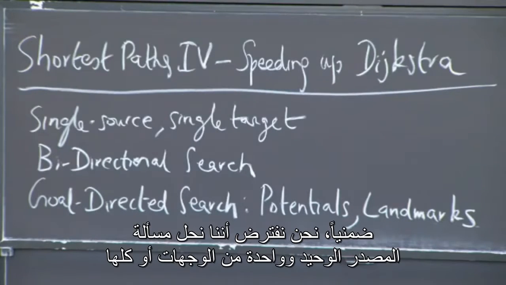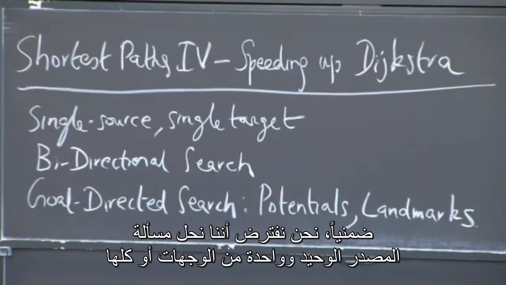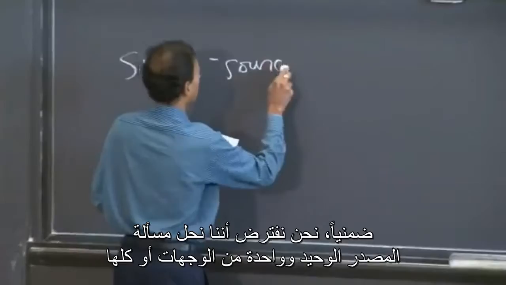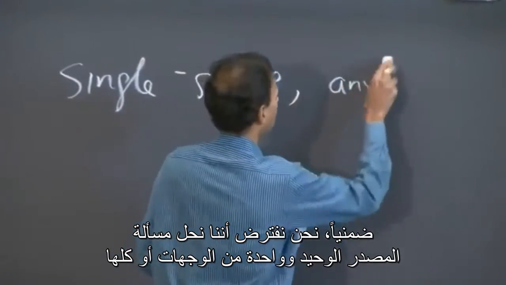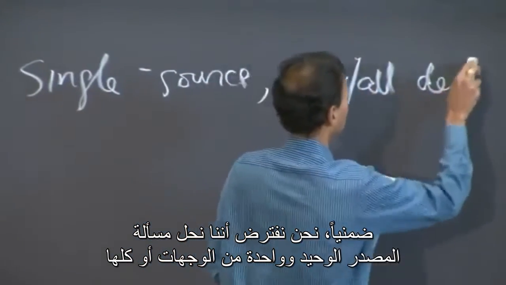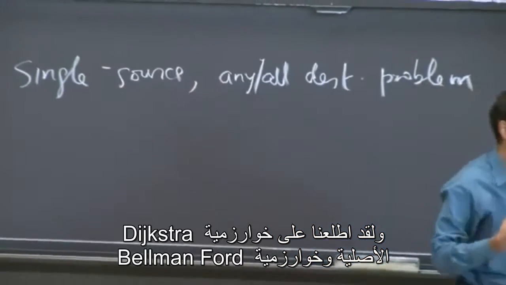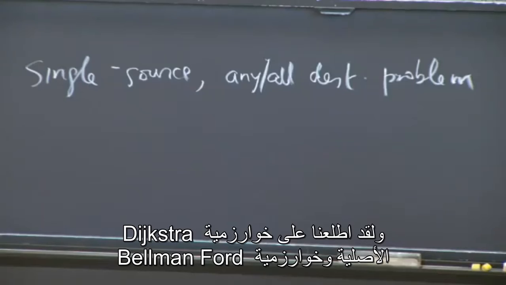So implicitly, we've assumed that we're solving the single source, any or all destination problem when we've looked at the original Dijkstra algorithm and the Bellman-Ford algorithm.